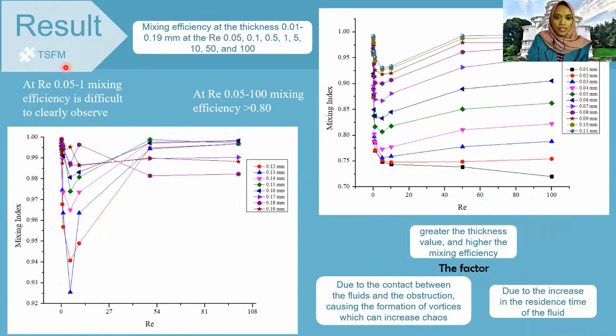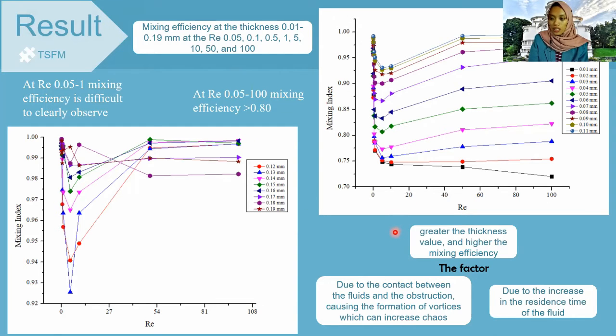Next, this is the TSFM structure for mixing efficiency at thickness 0.01 until 0.19 mm at Reynolds number 0.05 until 100. Same as the previous design, at Reynolds number 0.05 until 1, mixing efficiency is difficult to clearly observe, and at Reynolds number 0.05 until 100, mixing efficiency is more than 0.8.